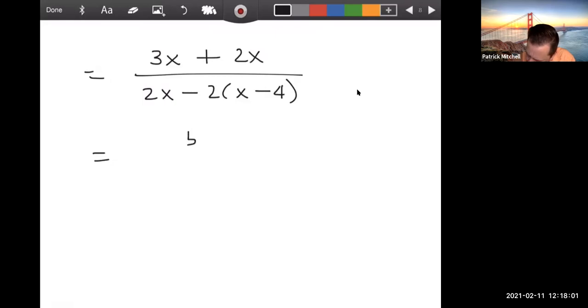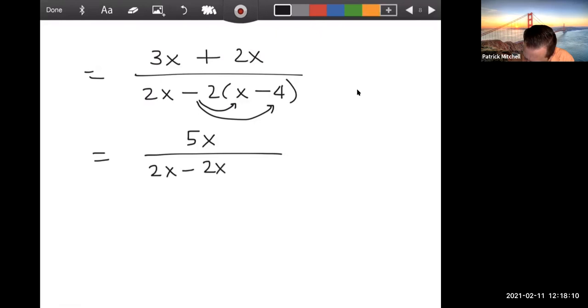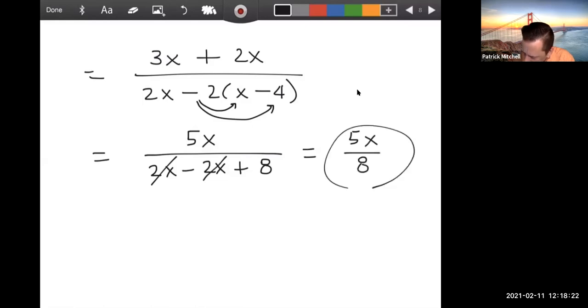And then downstairs, I will distribute this negative 2. And that's going to leave me 2x minus 2x plus 8. So believe it or not, that big nasty expression simplifies all the way down to 5x over 8. Ta-da!